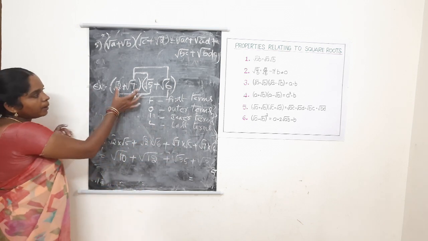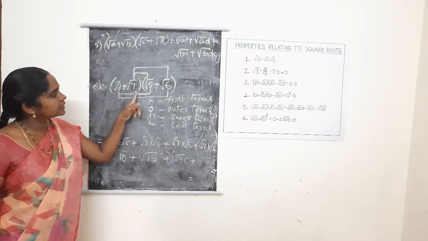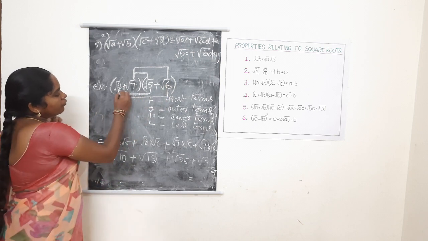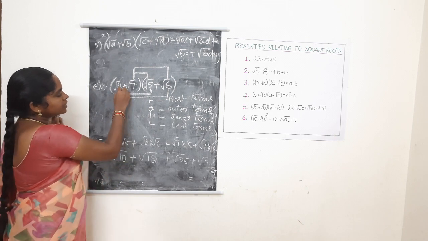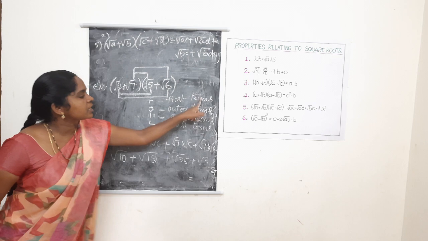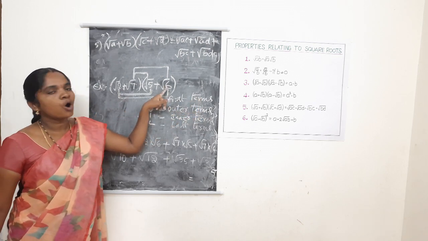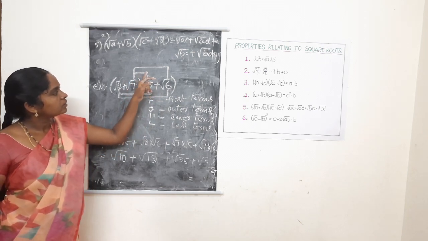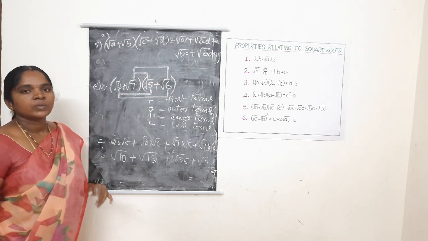In the first binomial expression, this is the first term and second term; likewise in the other. These two are first terms. Next, these two are outer terms. Next, these two are inner terms. Next, these two are last terms.